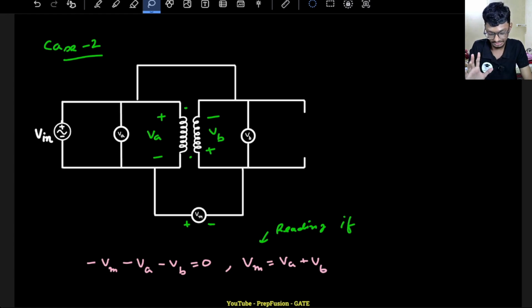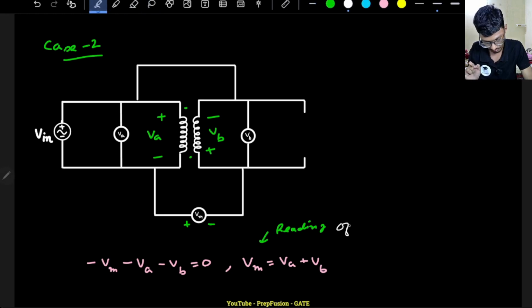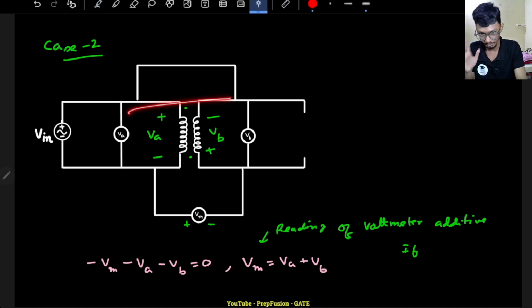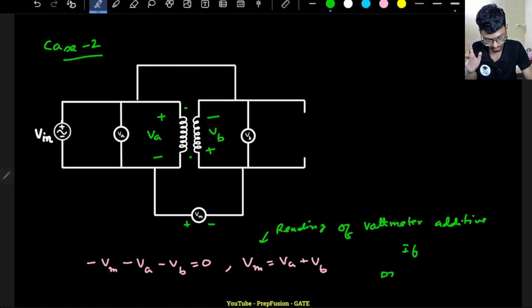So what I was saying is that the reading of the voltmeter will be additive in nature if the dots are not shorted properly.